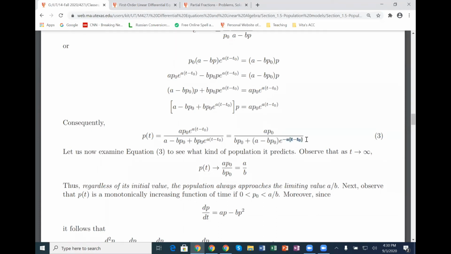Yes. So if t goes to infinity, negative a times t minus t0 goes to negative infinity. You agree with that? Yes. And now think about the exponent as, say, negative 100. Could you please tell me e to the power negative 100? What can you say about this number?